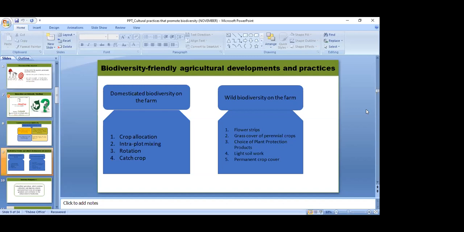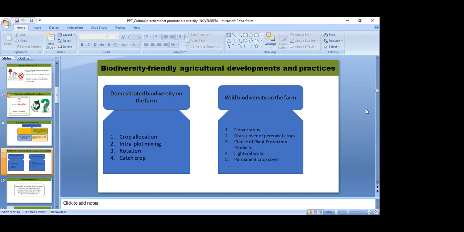The vegetable is standing with a stem, no leaf, everything is defoliated. But if you mix it with the other vegetable, it will make it less vulnerable to insect attack. That is what intra-plot mixing will do for you.